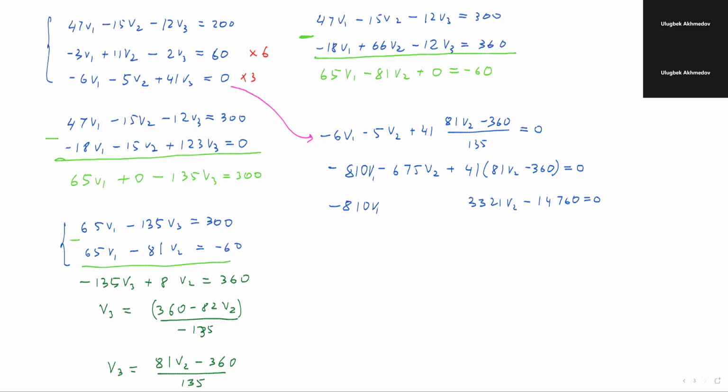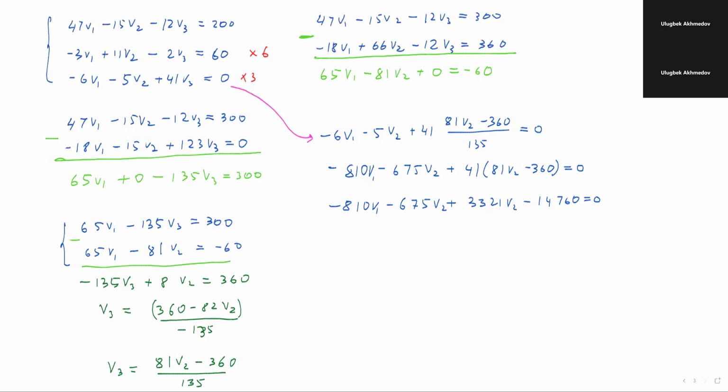We're probably going to round up here because it will take a long time to do it. So how many V2 do we have? We have 3,321V2 minus 675. Oh, that's wrong.